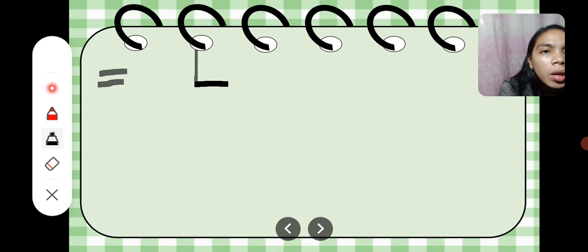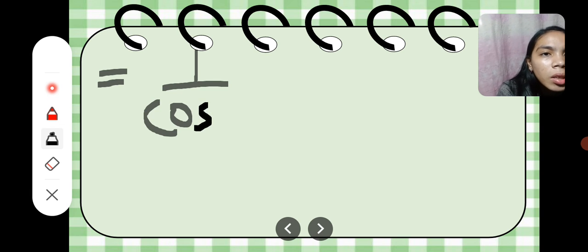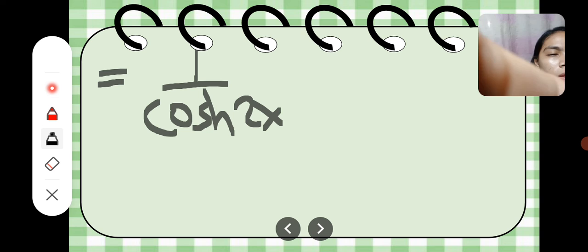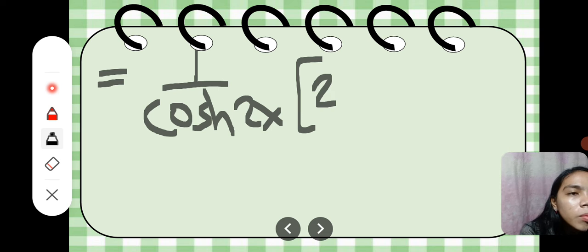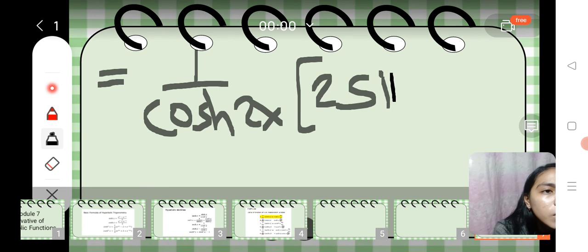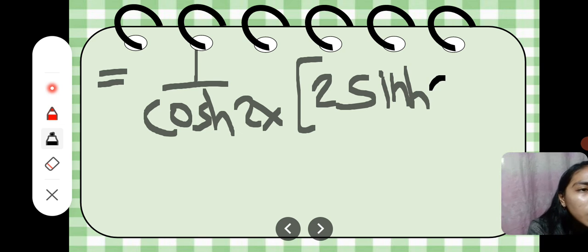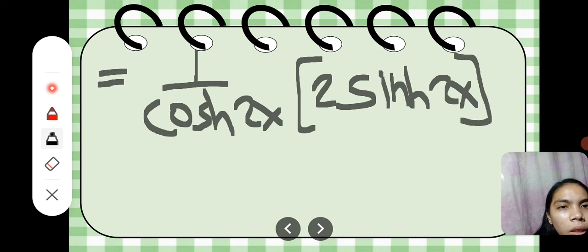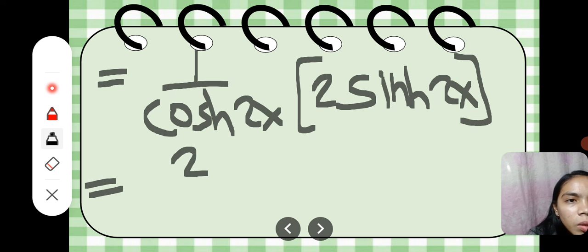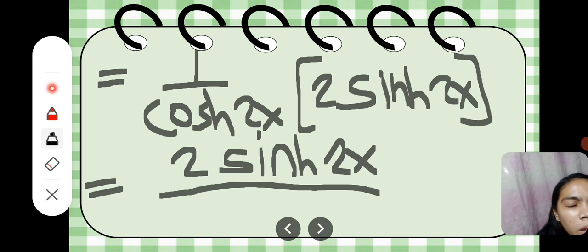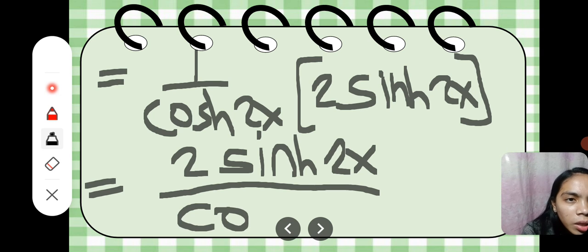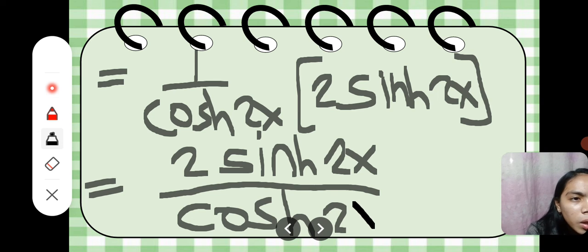It will become 1 over hyperbolic cosine 2x times 2 hyperbolic sine 2x, which becomes 2 hyperbolic sine 2x over hyperbolic cosine 2x.